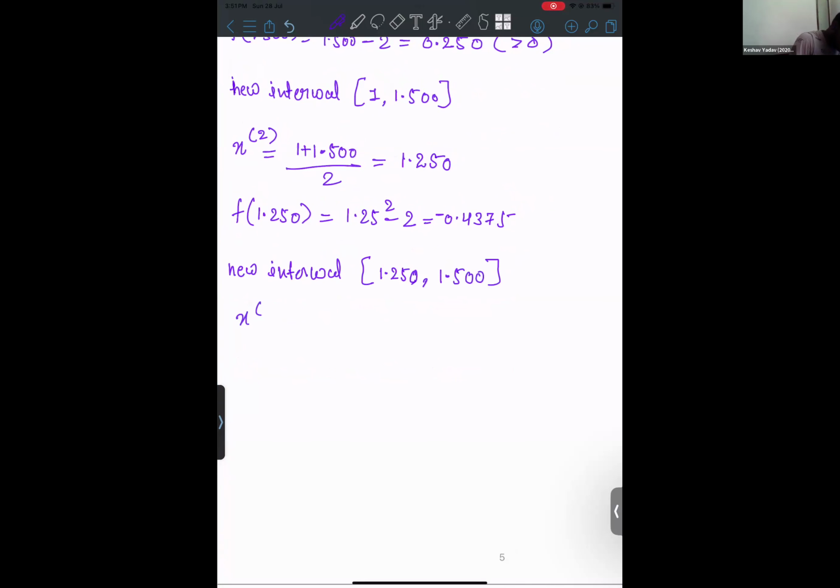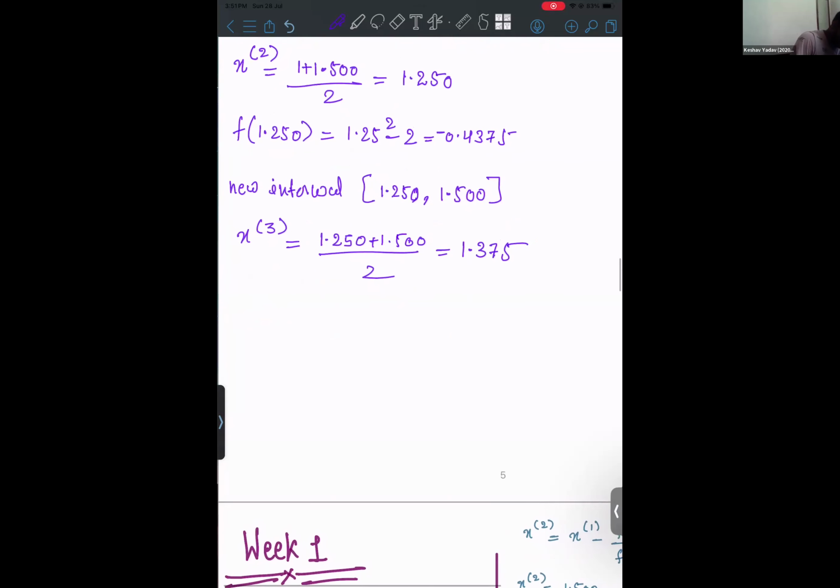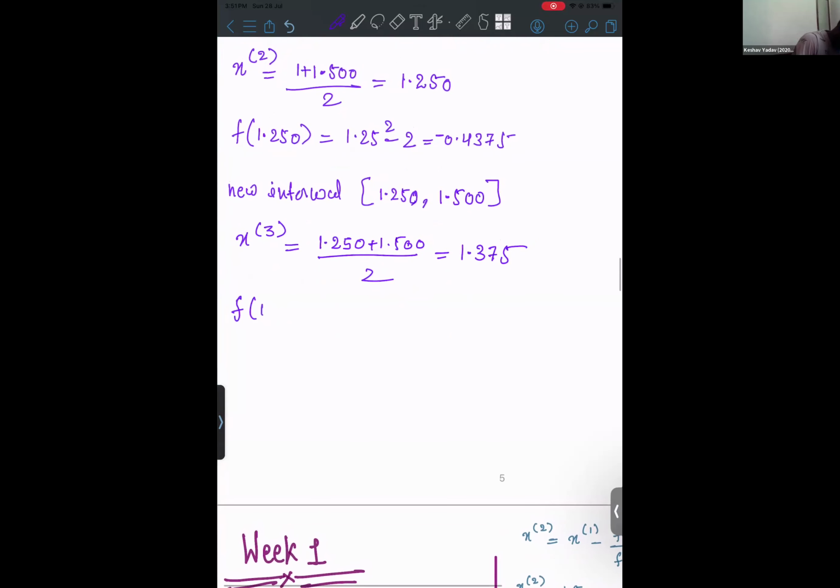Now x at third iteration, what will be the value? 1.250 plus 1.500 divided by 2. That will give 1.375, I guess. So if you find f at 1.375, this will also come negative.